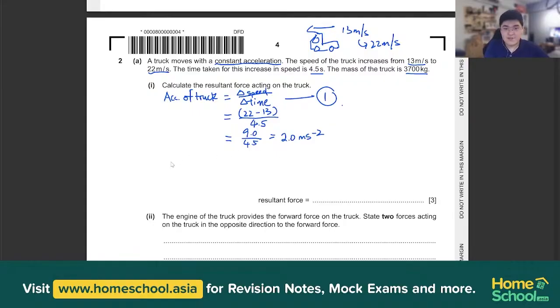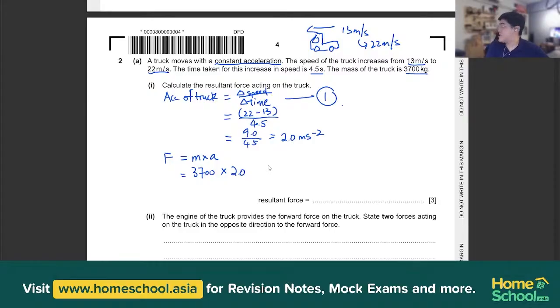Now we need to equate force using the acceleration and the mass. As you do know, from Newton's second law of motion, force is equals to mass times acceleration. We're given the mass of the truck, which is 3,700 kilograms, multiplied by the acceleration, which is 2.0 meters per second squared.